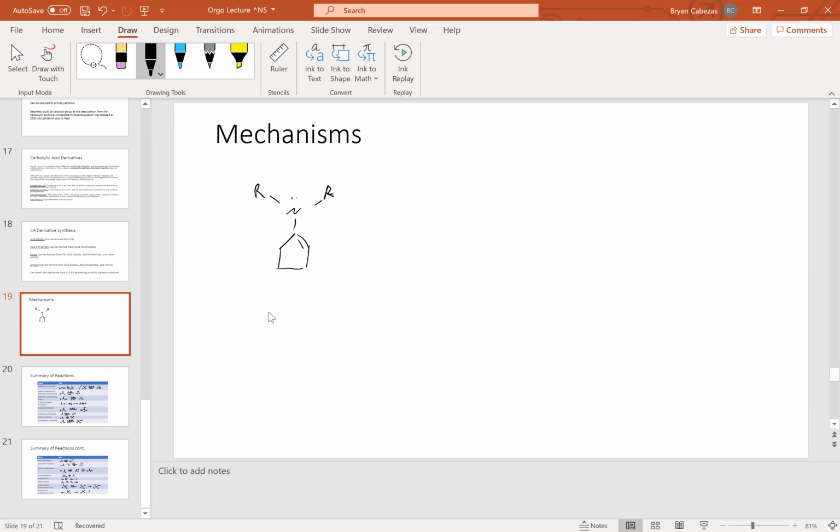By doing that, we take the lone pair of the nitrogen and we double bond it, and then we move this guy up here, right? Because we have too many bonds on a specific carbon. It only allows 4. So we have a positive charge on our nitrogen because it has 4 bonds now. And then we have a negative group right here.